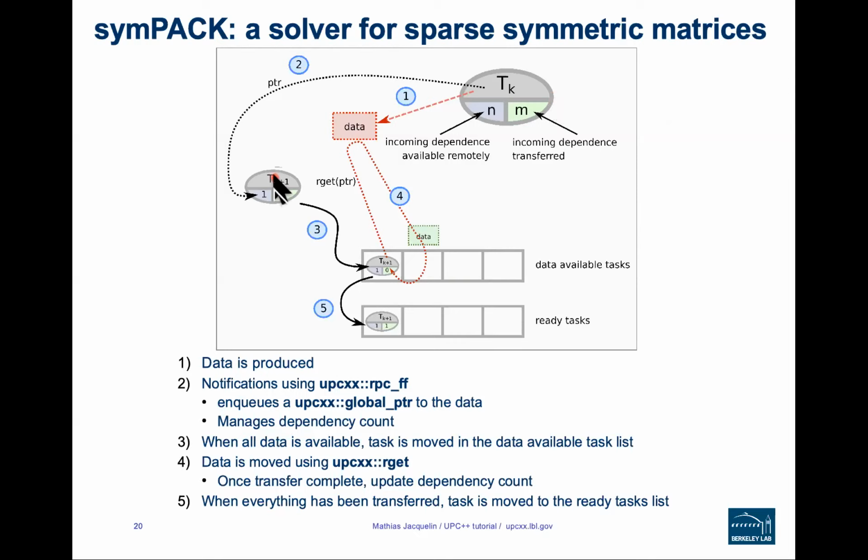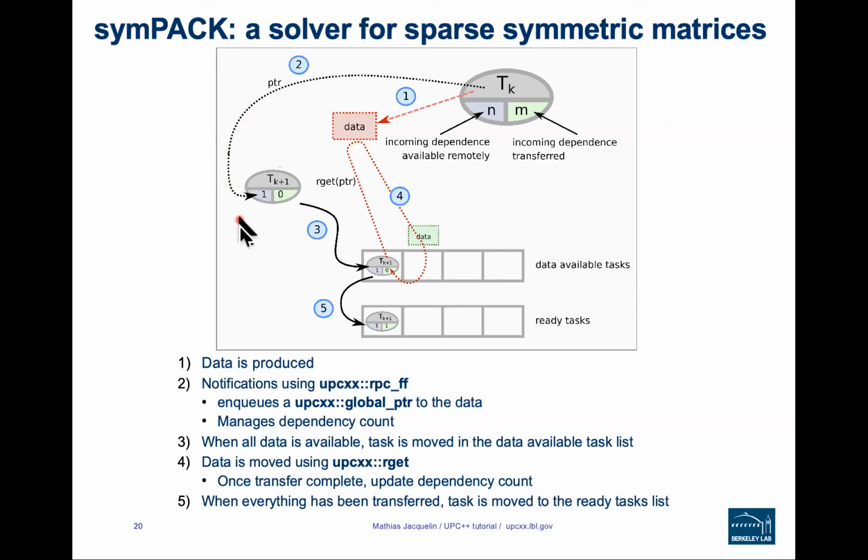When that RPC is executed on the target process, the pointer, which has been transferred over the network, is enqueued on the remote process, and the tasks requiring that data as an input dependence are updated to reflect that the data corresponding to a dependency is available somewhere.